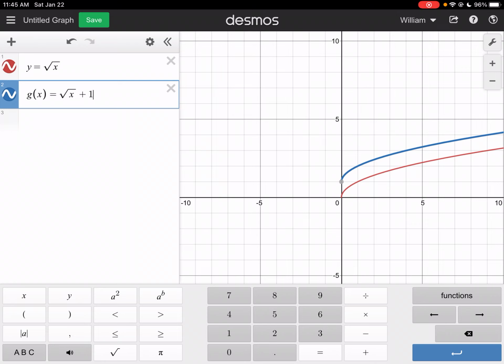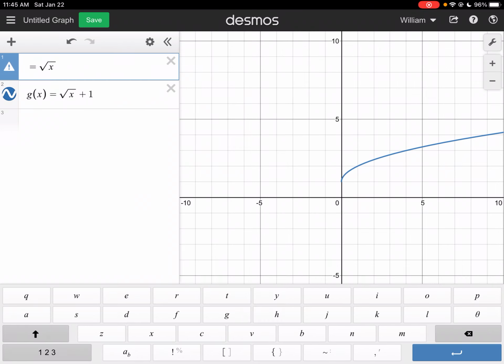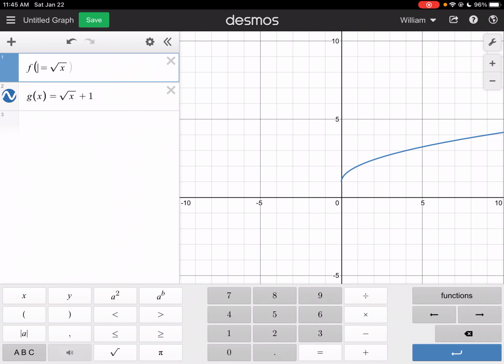And that's pretty much what the graph looks like. I think I'm going to change my y to f of x here for my future ones. So f of x. There we have it.